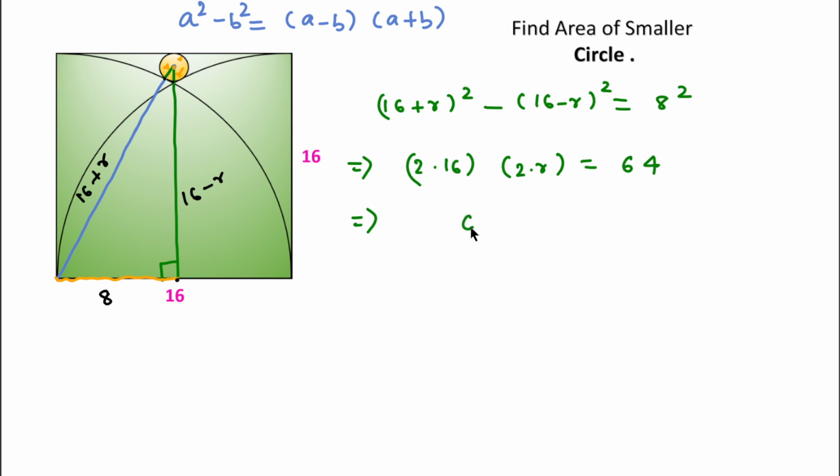So 64r equals 64. This 64 gets cancelled, so r equals what?